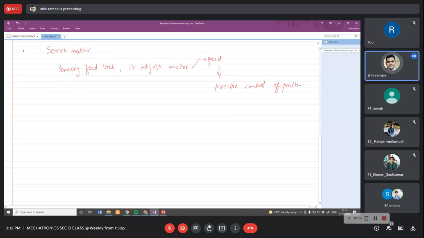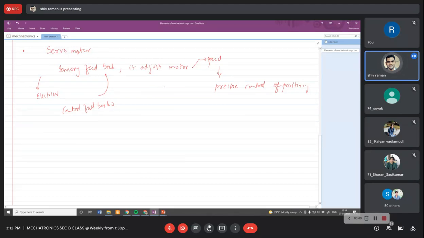Okay, so basically a servo motor takes an input in terms of an electrical signal, then it has some control and feedback system with which it receives sensory feedback, and it will adjust its speed to control the motor precisely. A typical example: servo motors are used in robotic arms, CNC machines.